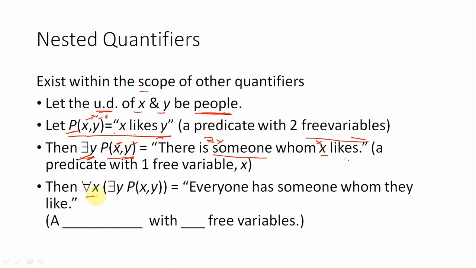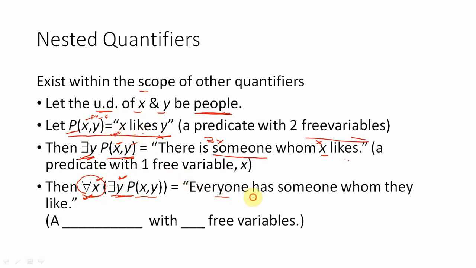Similarly, for all x, within brackets, there exists y P(x, y). Now what it means is everyone has someone whom they like. For every person x, there exists a person y such that x likes y.